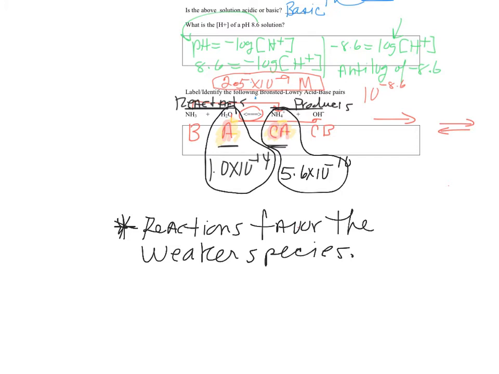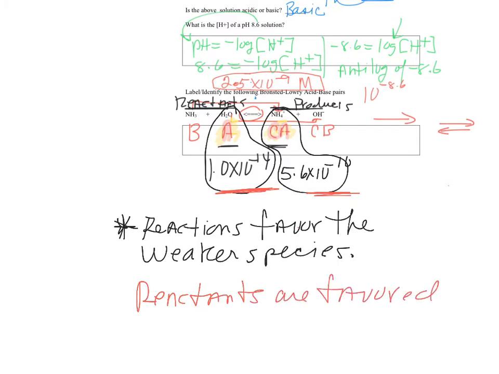So basically what we have to decide is what number is the weaker number, 10 to the minus 14 or 10 to the minus 10. And if you're thinking it's 10 to the minus 14, you are correct. And so therefore, since the 10 to the negative 14 number is on the reactant side, we say that for this problem, the reactants are favored.